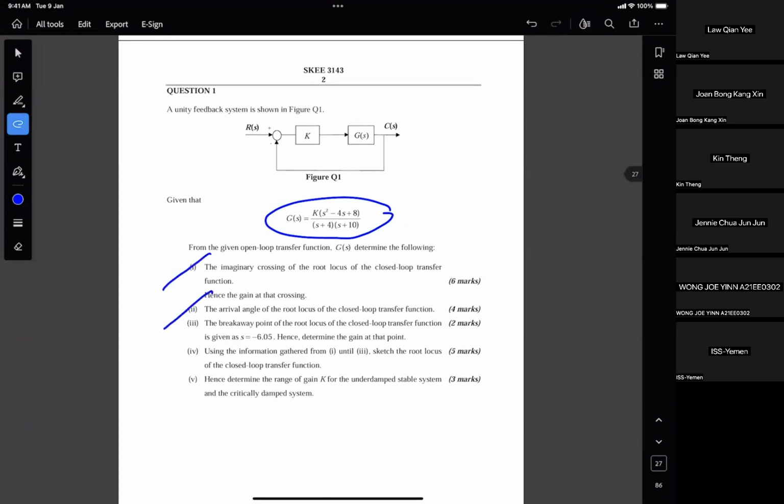Okay. What is the arrival angle of the root locus? Arrival angle.